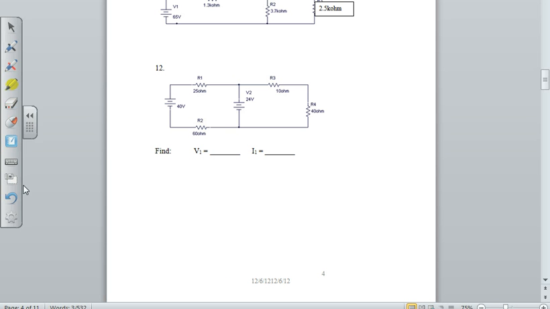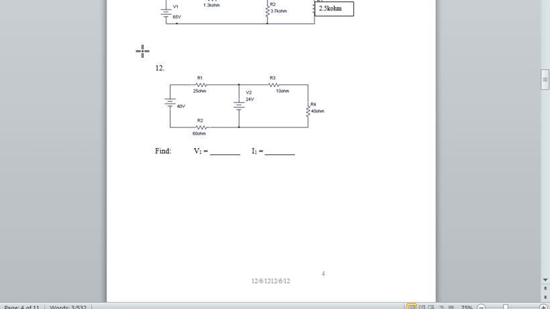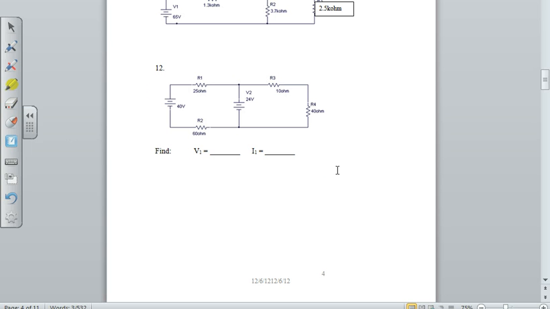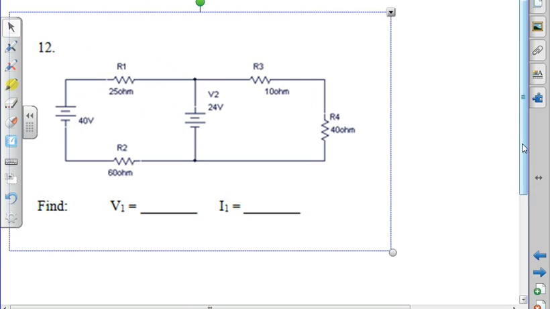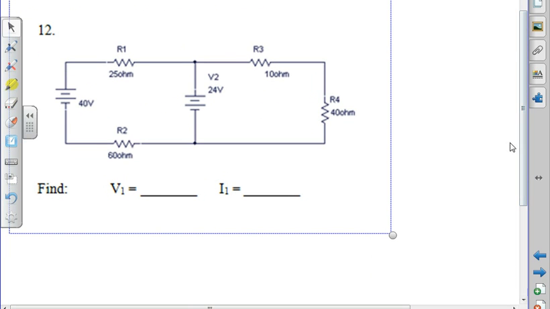Oh, something happened. I didn't get it. Oh, there we go. This is a superposition problem. Okay, so that means I'm going to short out one of the batteries, find the current, and then I'm going to short out the other battery and find the current.